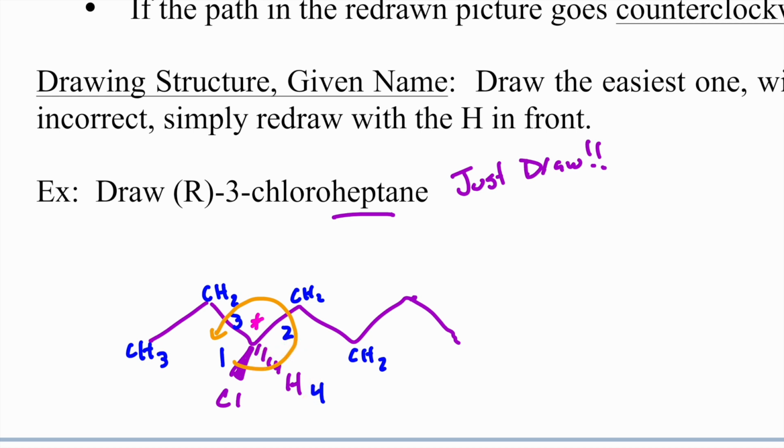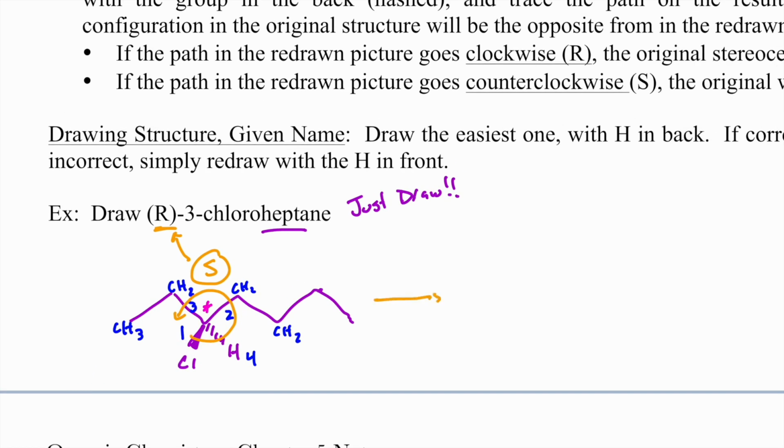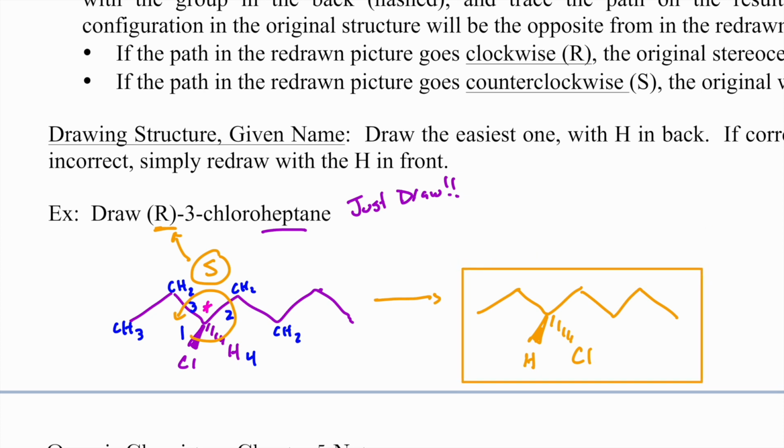This right now going to the left is an S. Shoot, I want an R. So the easy way to do that is, if you get lucky, fantastic. Otherwise, all we do is we redraw it, or you erase it, and then what do you think you're going to do? You flip your stereochemistry. So now, instead of my chlorine coming at me, it's going away from me.